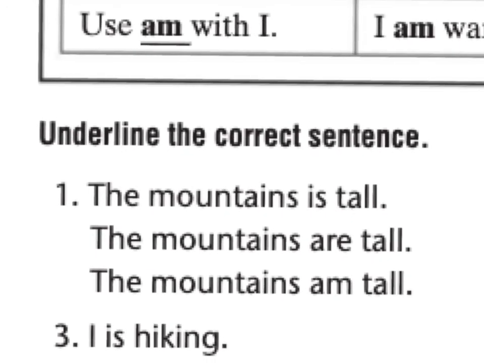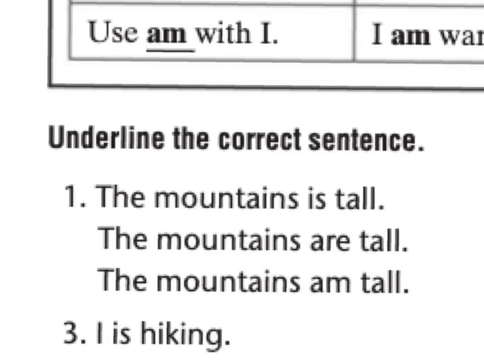Number 1 says, first the directions say, underline the correct sentence. So listen to these and let's decide which one sounds correct. The mountains is tall. The mountains are tall. The mountains am tall. Notice the mountains is more than one.